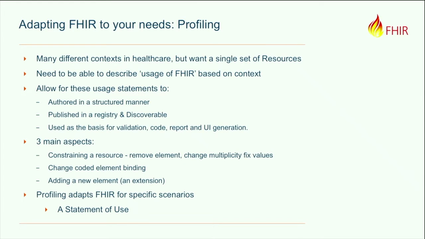There's broadly, and only broadly, three things you do when you're profiling. The first is to constrain a resource. In that, you take stuff out that you're not using, you change the multiplicity of something within some rules, which I'll talk about in a second, and you can fix values. When you fix a value, what you're saying is, to be conformant, the value should be this.